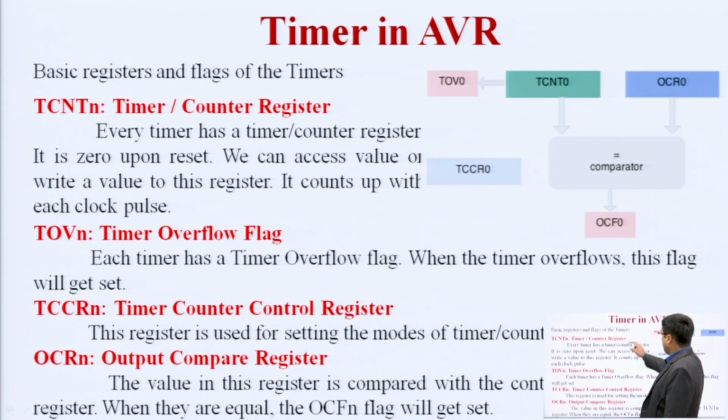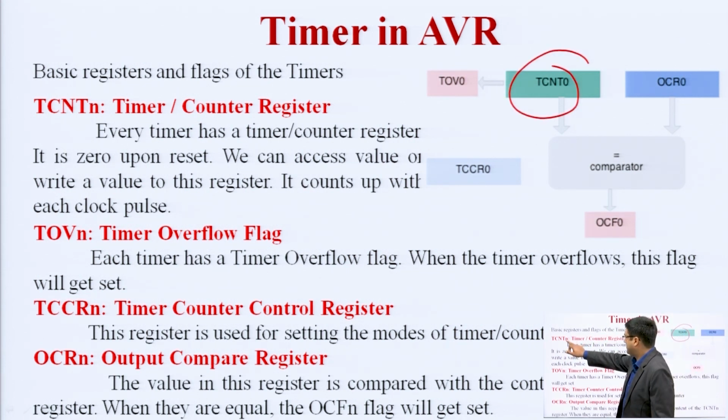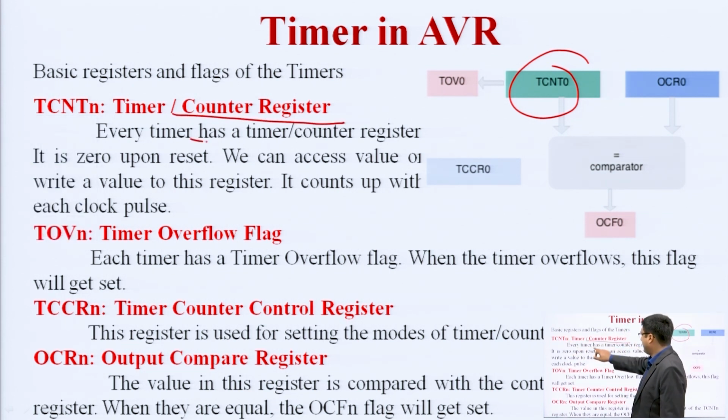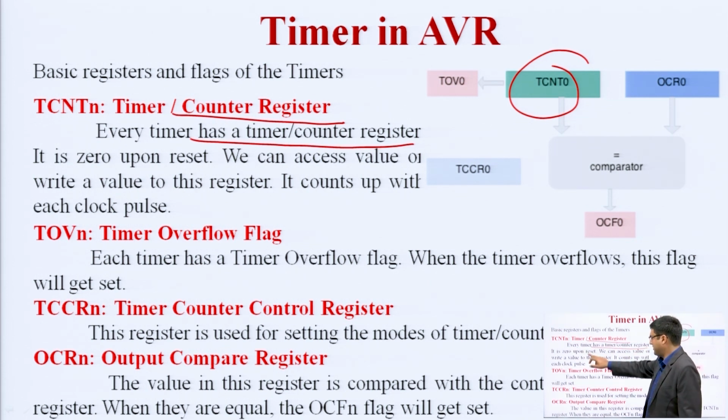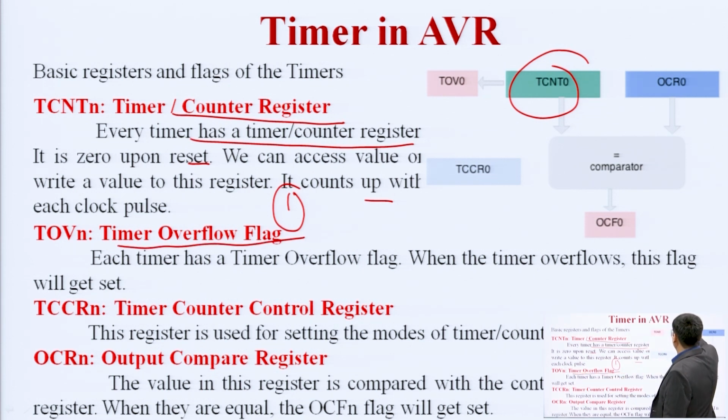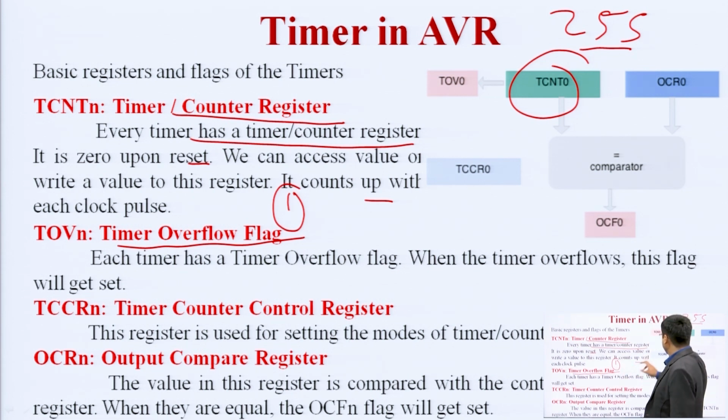So it has some registers, TCNTn and TCCRn, where n has a value of 0 or 1. It has a timer counter register. Every timer has a timer counter register. So it is 0 upon reset and 1 upon set. Timer overflow flag: we have seen that when it exceeds its maximum value, the overflow flag is set.